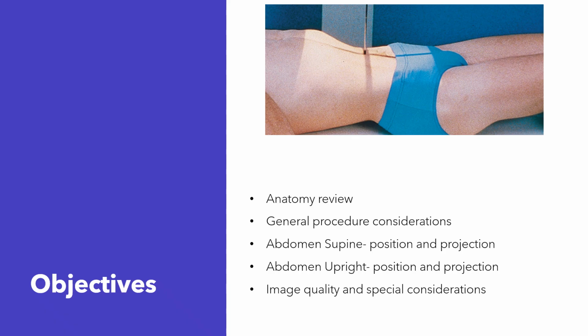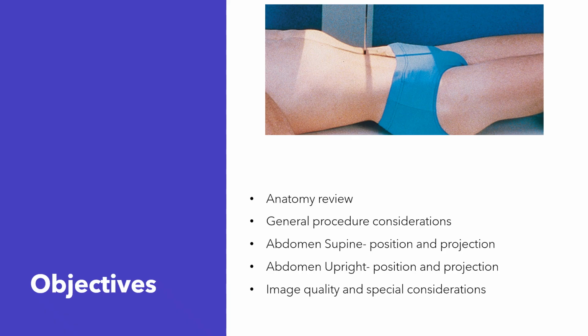And then special considerations are certain things that would trip up a novice practitioner that you might not be aware of, or things you're always going to have to adjust for. Most notably, patient size, because not all patients are the same size, not all patients' abdomens are the same size.